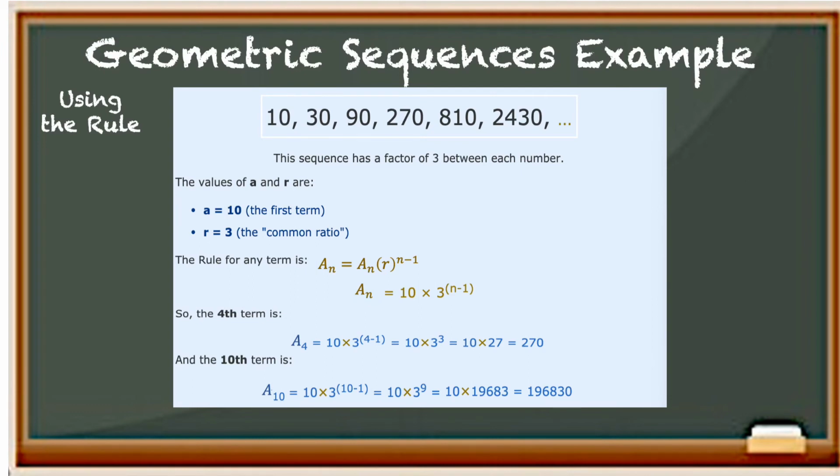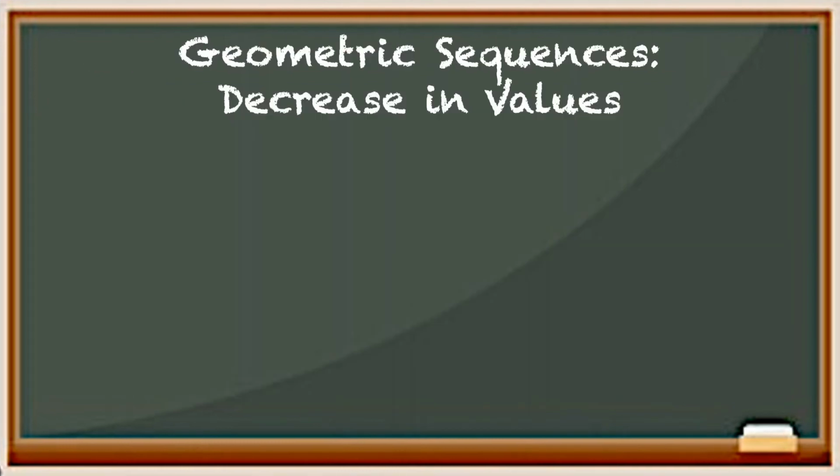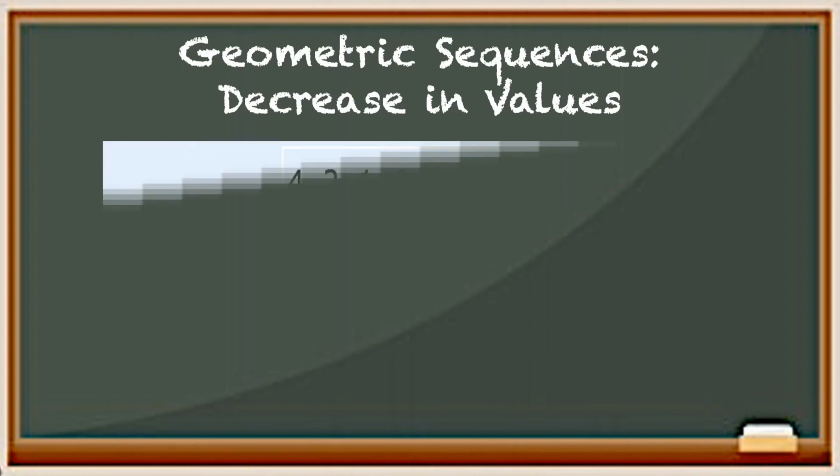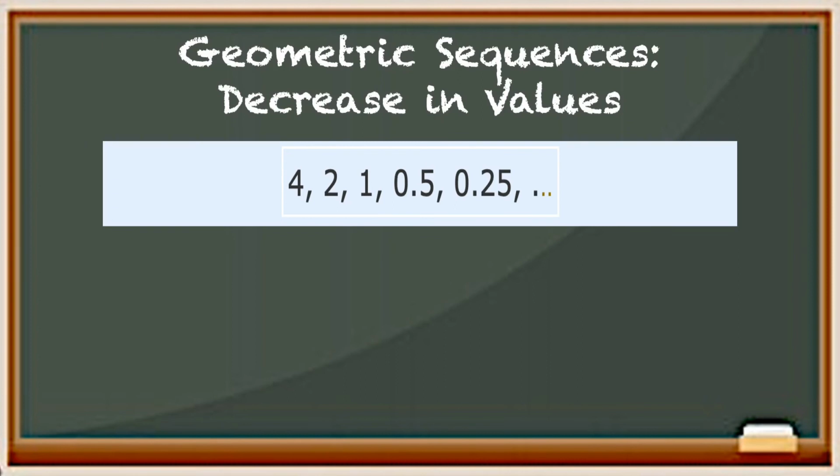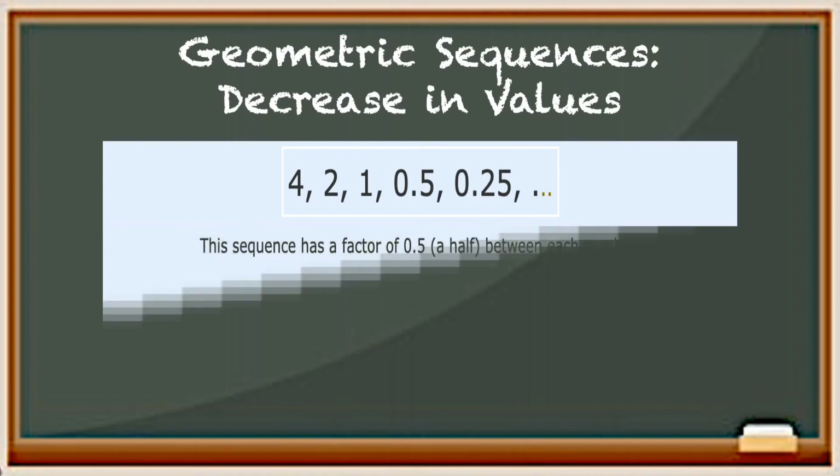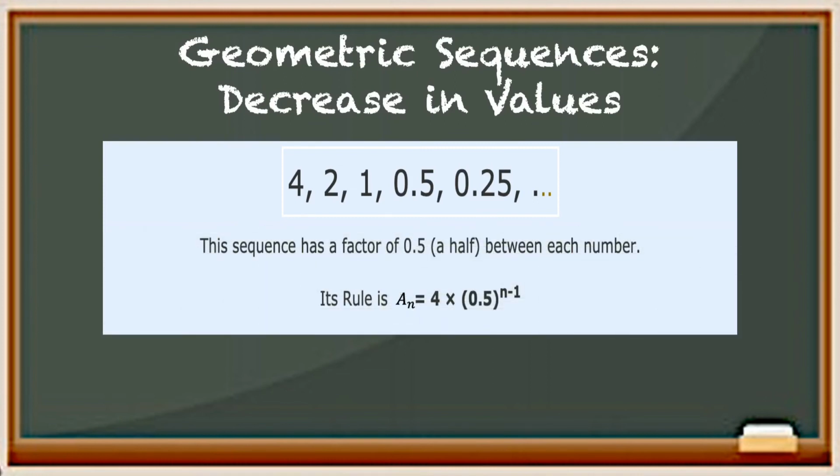Further, geometric sequences not only increase in value, but you can also have smaller and smaller values. We can use the following example to explain this. The terms we have are 4, 2, 1, 0.5, 0.25. With this, we can determine that the terms are decreasing by a factor of 0.5, or half of the previous term.